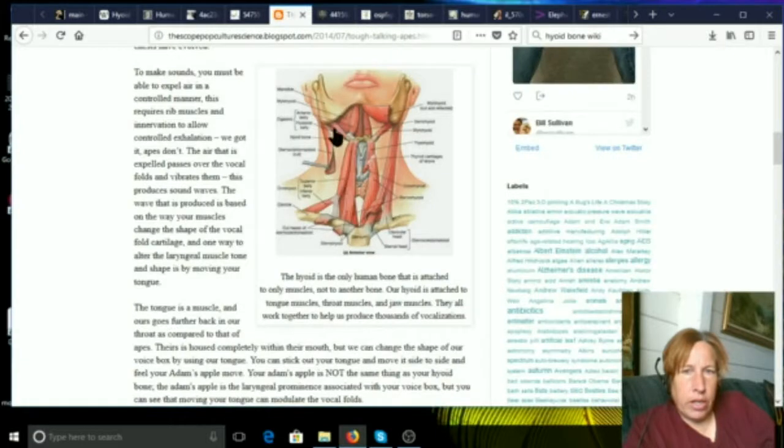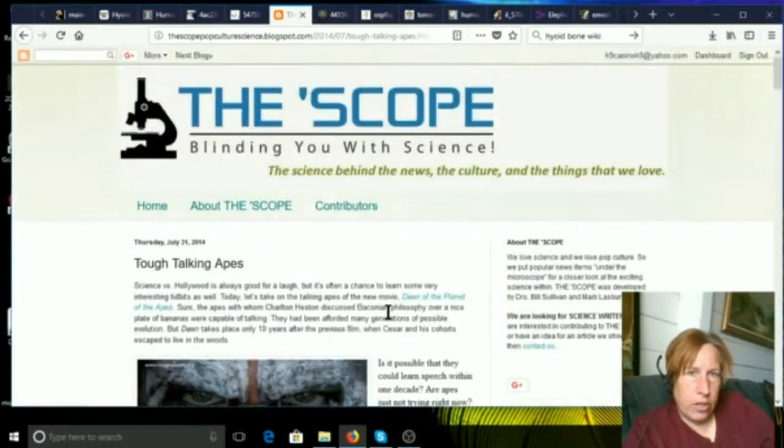So this storyline here, which is what I remember being true about 4 or 5 years ago, is now completely wrong. This person apparently didn't know that standalone bones are all over the body, which I find really interesting. All right, so blinding you with science.